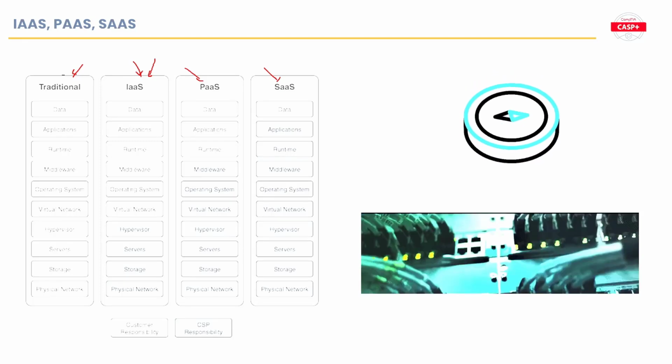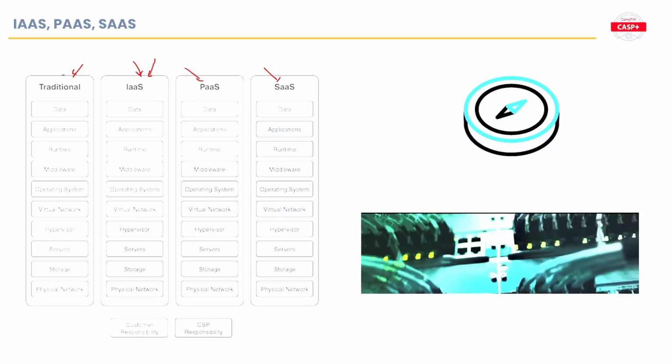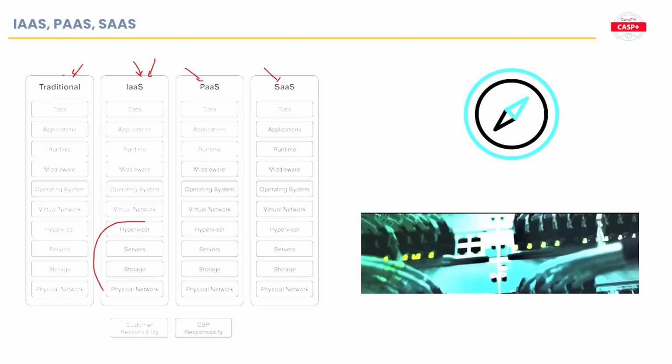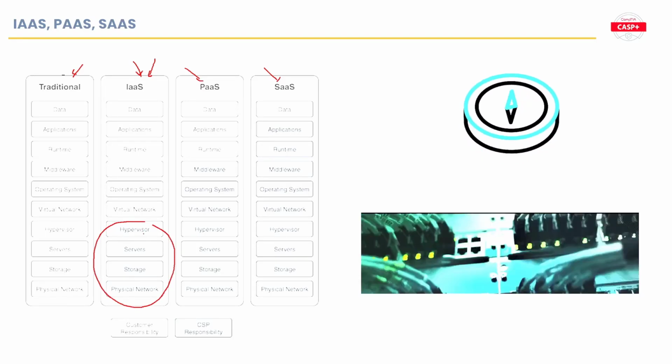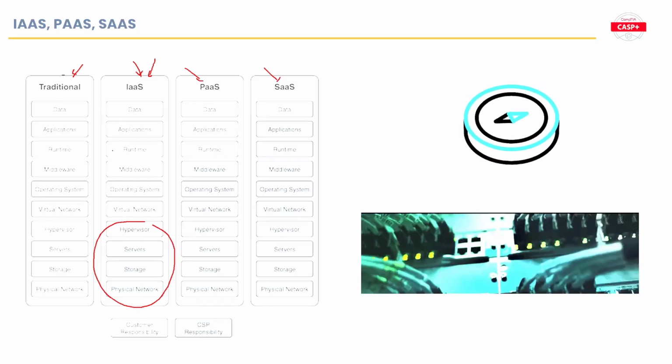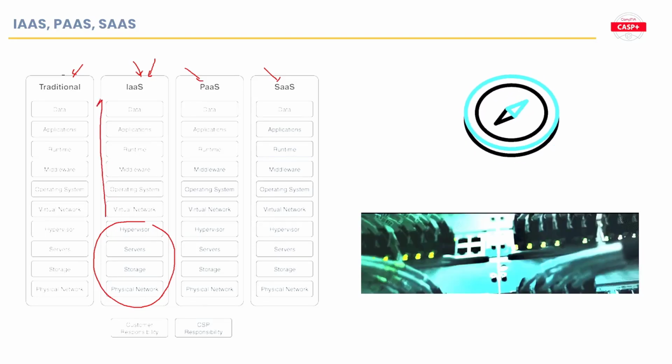Hardware virtualization and internet connectivity are common features of IaaS, or infrastructure as a service. If you look here, this means that the cloud service provider will manage the hypervisor, the server, storage, and physical network. However, on top, this will be the responsibility of the customer.